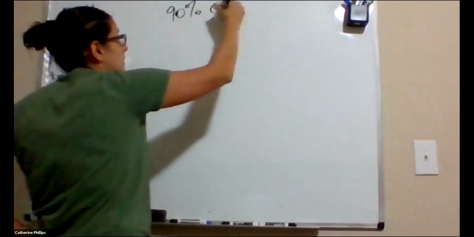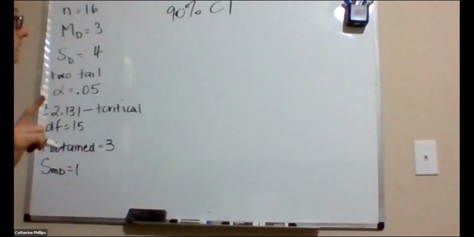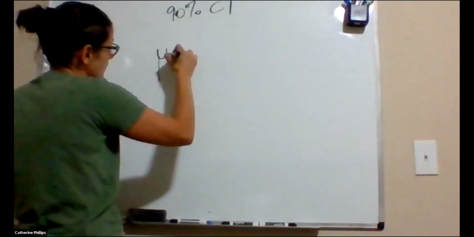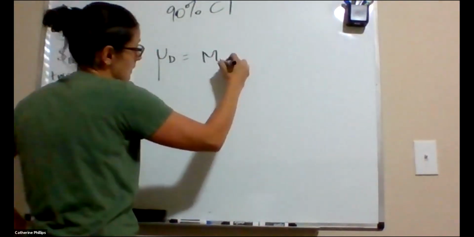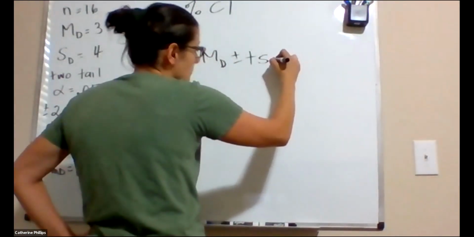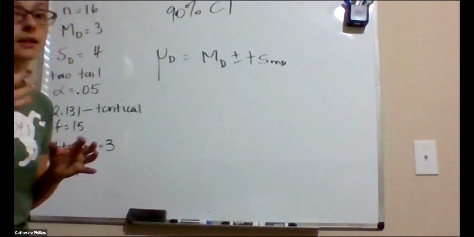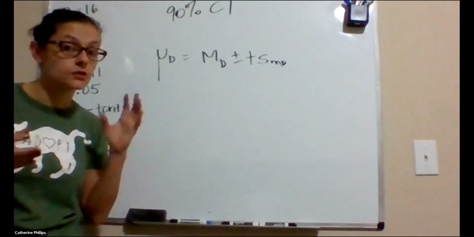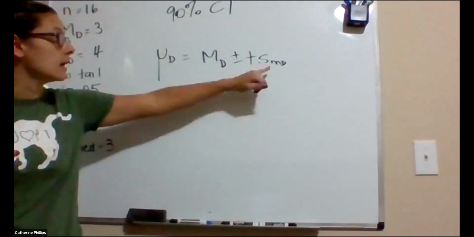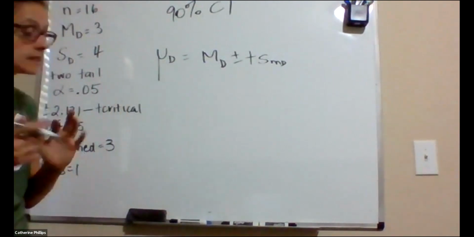To calculate the confidence interval, our formula is mu d equals md plus or minus t times the estimated standard error. The confidence interval is going to differ between 17A and 17B because the estimated standard error differs between 17A and 17B.